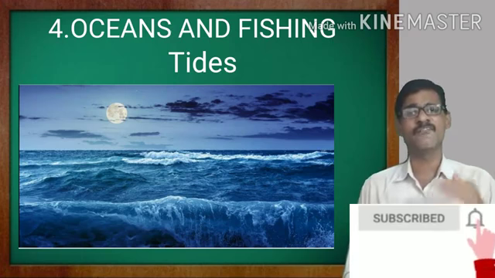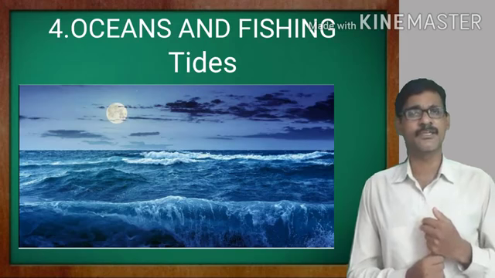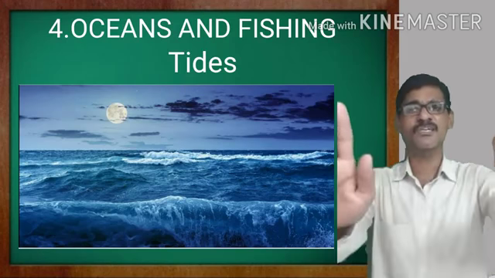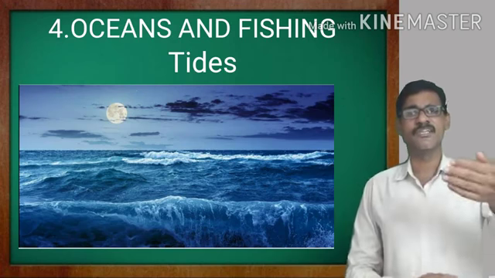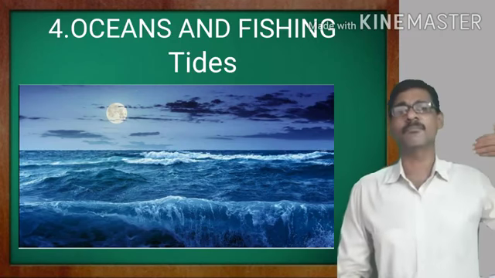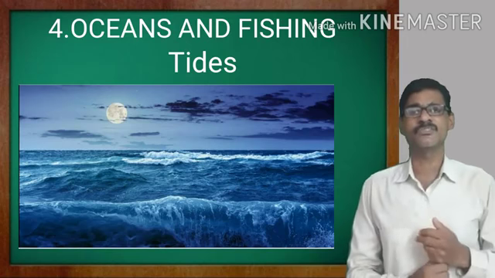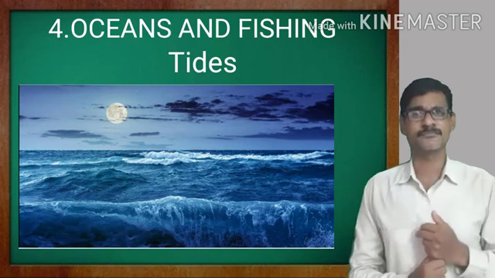When the water level is high, it occupies more coastal area. The water comes towards the coastal area. And when there is a fall, the water is backed up, reversed. So the coastal areas experience these tides.